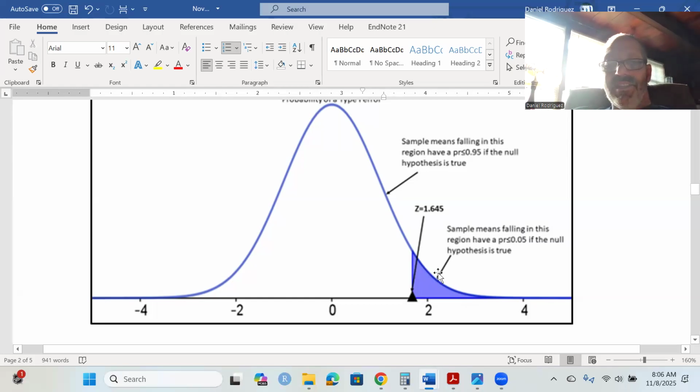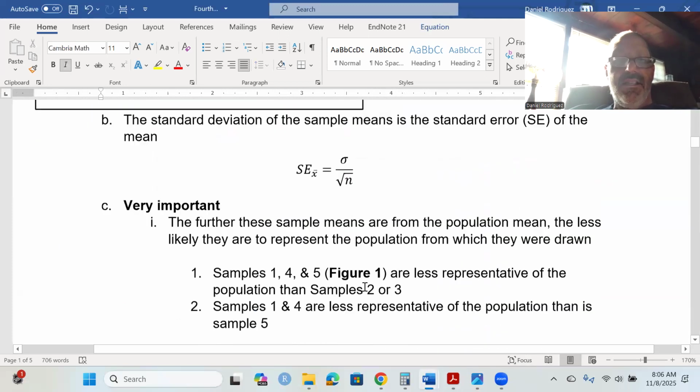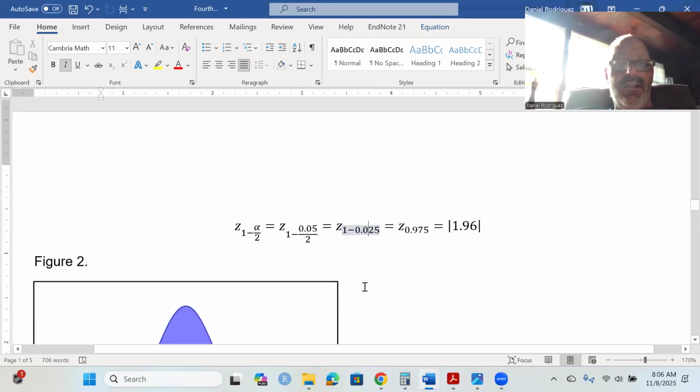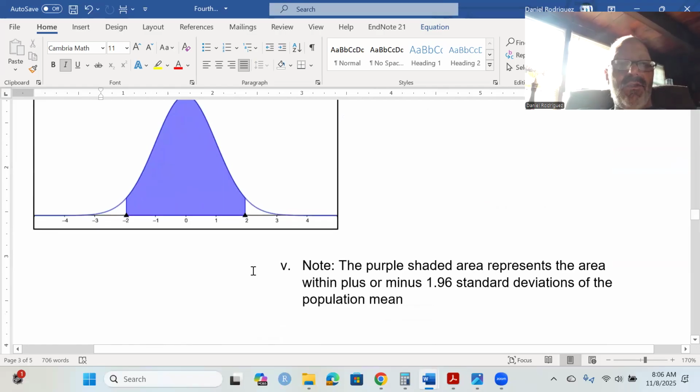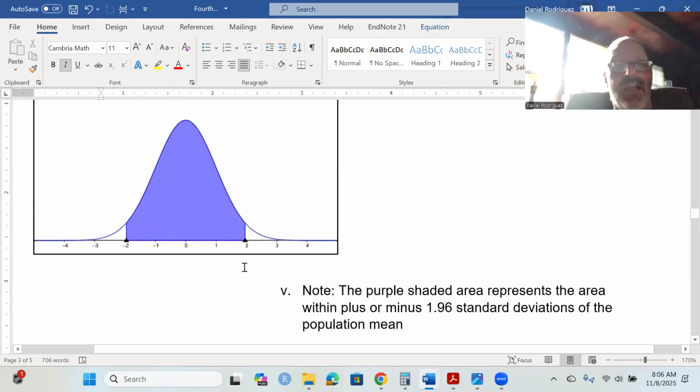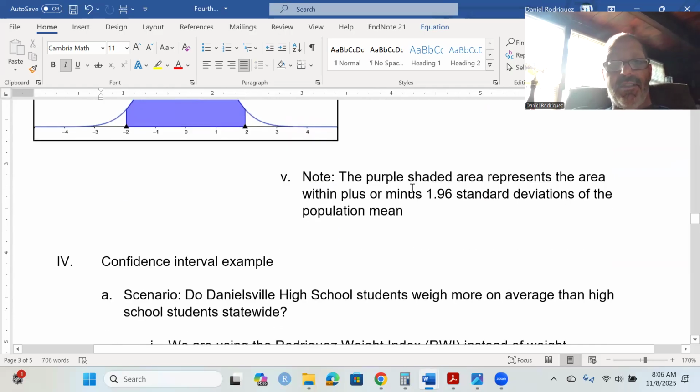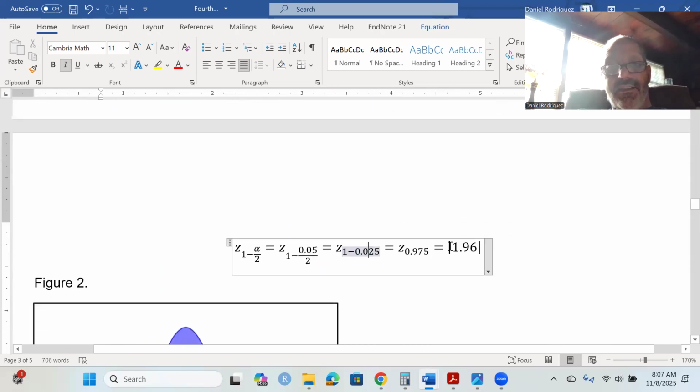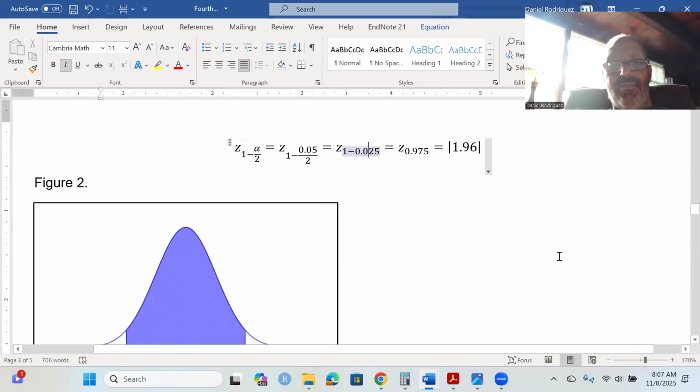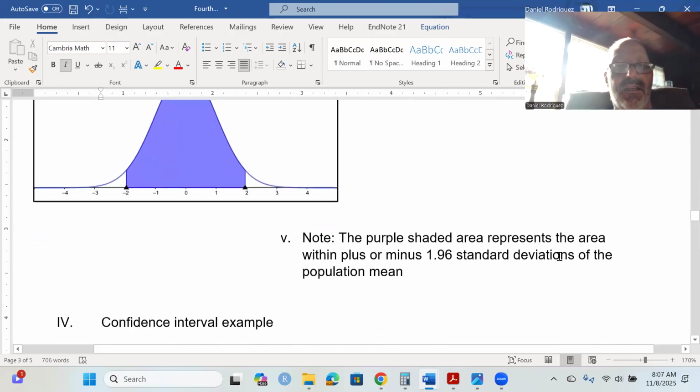So that I'm looking at the top 2.5% of the distribution and the lower 2.5% of the distribution as we did here, right? So my cutoff values would be 1.96. Remember we did that earlier where I put the absolute value around 1.96, because this will be cutting off the upper and lower tails of the distribution, right?